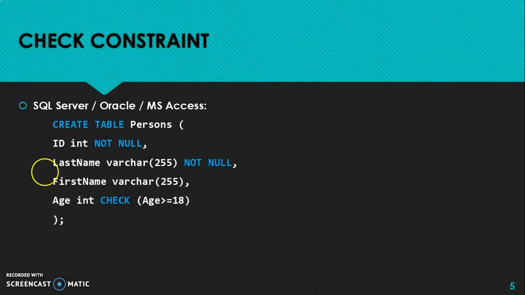Similarly, if you are using SQL Server, Oracle or MS Access, this is how you assign the check constraint. Create table person, ID of type integer, not null, last name of type varchar, maximum size 255, not null, first name of type varchar, size 255, age of type integer, and along with that directly you write CHECK age greater than or equal to 18.